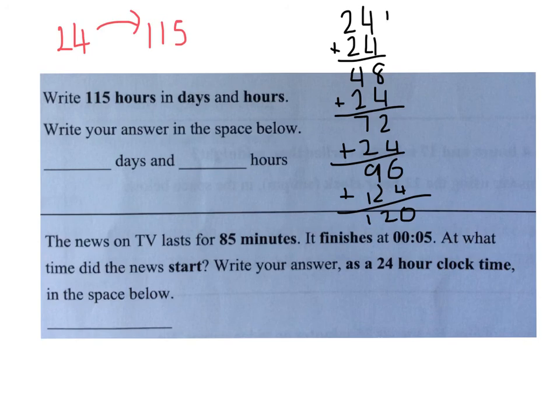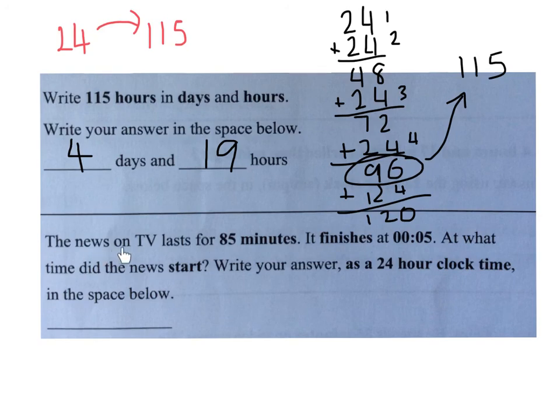So we had 1, 2, 3, 4. We've got 4 days, brings us up to 96. Then I've got to count from 96 up to 115. So that is just a little bit of mental maths. Another 19 has been added on, so 19 hours. 4 days, and 19 hours.